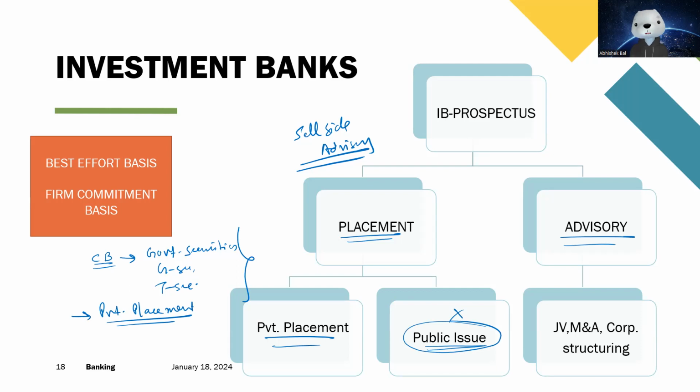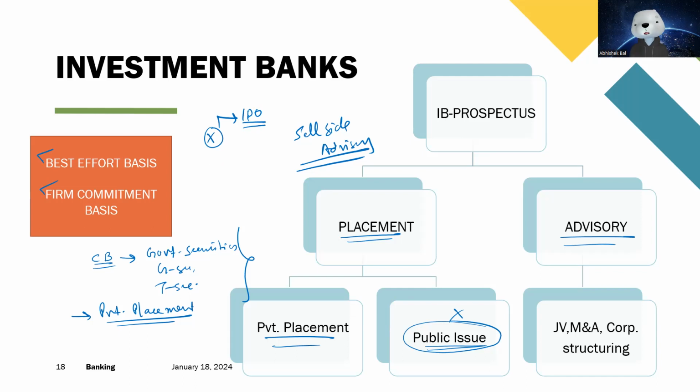Now, let's see how an investment bank works. Let's say we talk about company X. This company is supposed to go public, right? So going public is through the initial public offer. Here, the investment banks may work this IPO through either something called a best effort basis or a firm commitment basis.